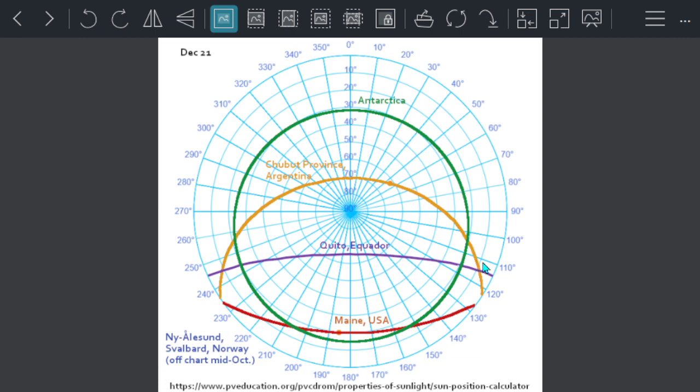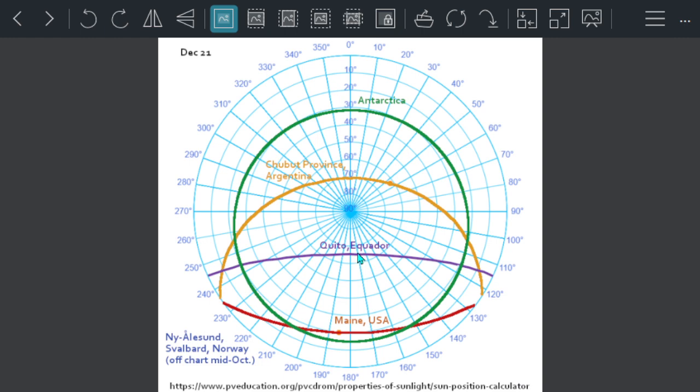Which this arc means, of course, that our elevation is changing, but also the azimuth, because here it was about 115. Now, at this point, it's 120, then it goes to 140, 150, 160, until it gets to 180. So that's why it makes this arc, coming from that data.